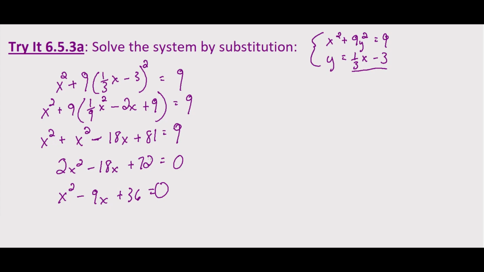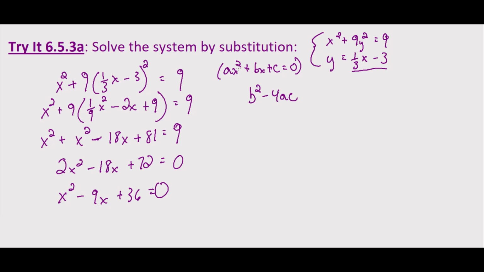You might have to use some trial and error, but you'd see that it won't factor. This quadratic won't factor. And if we look at the discriminant, so b squared minus 4ac, and again we're looking at the form ax squared plus bx plus c equals 0.